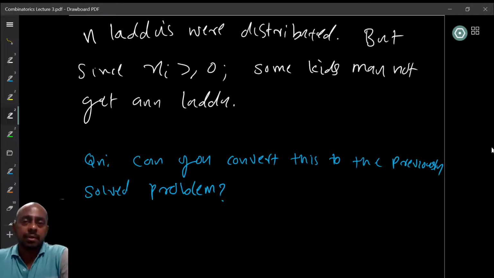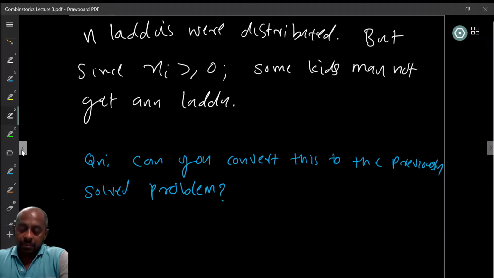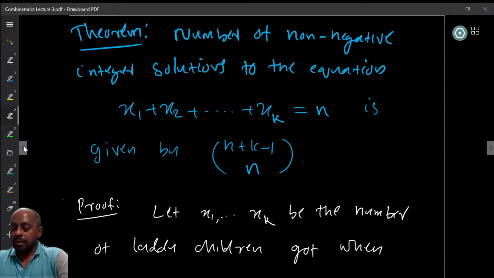So this is quite easy actually, right? Because we want to distribute n sweets to k children, so that everybody gets. Some kids may not get anything, but now we want to convert into the question that everybody gets at least one. Now, how do you make sure that everybody gets at least one when some of them can clearly be 0, right?